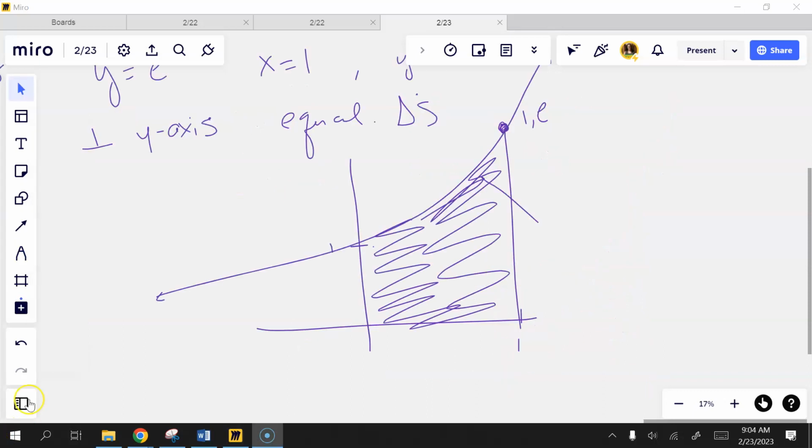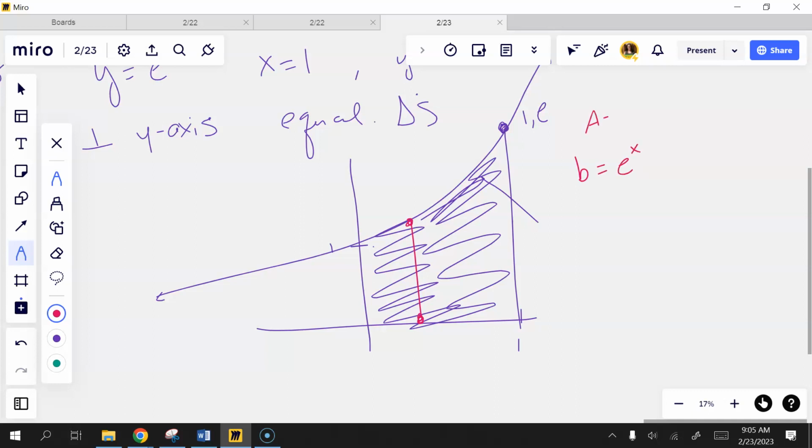There's your area. So with respect to x, my cross sections are doing this, right? Nope, I lied. This. Perpendicular to the x-axis. So if I'm talking about equilateral triangles, what's the base of my triangle? E to the x.